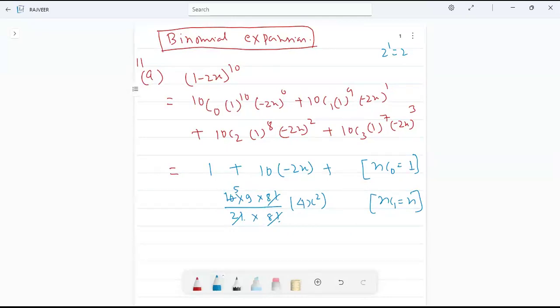We have written 10C3 over here, it's not 10C2. So 10C2 will be 10 into 9 divided by 1 into 2, yes, 45. And negative 2x to the power 2, so that is 4x square. And here it will be 10C3 and negative 2x to the power 3, so this will be negative 8x cube.